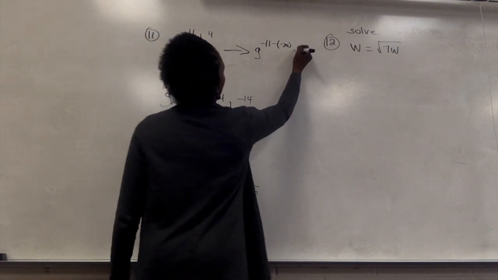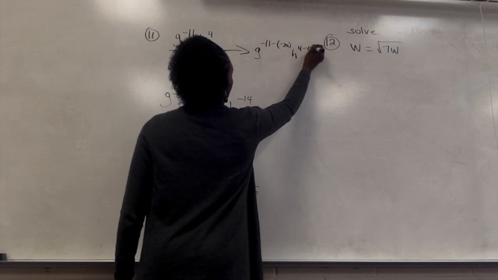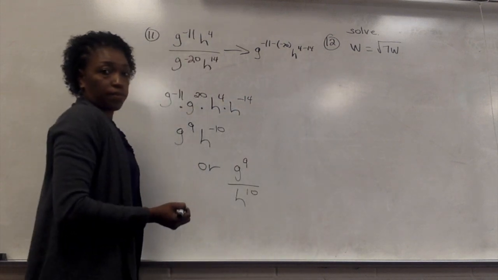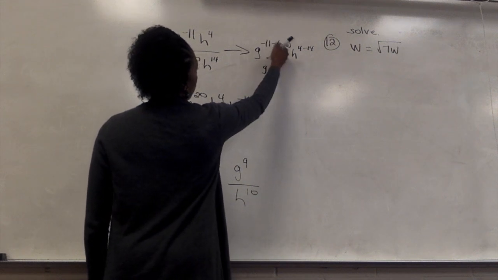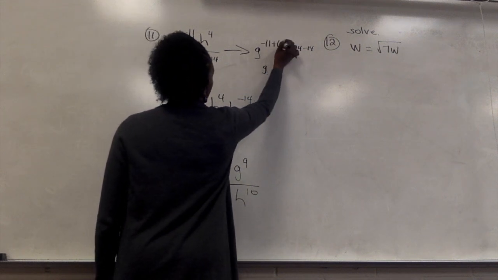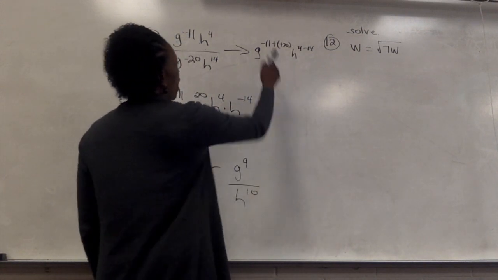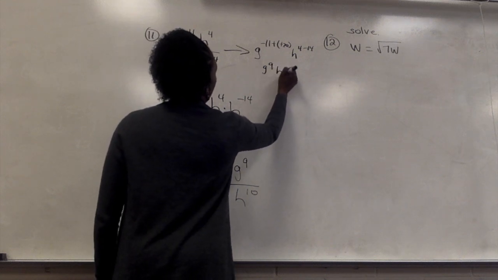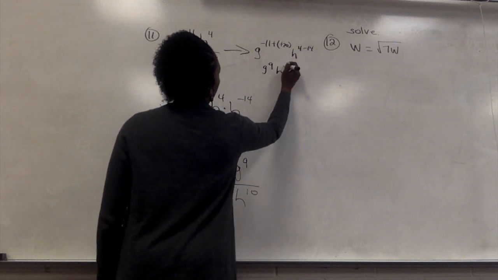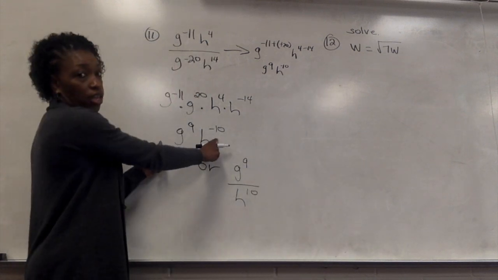And then on my h, I would do 4 minus 14. And now when I simplify, remember 2 negatives turn into 2 positives. So I really have negative 11 plus 20 is 9. And 4 minus 14 is negative 10, which is what I got here.